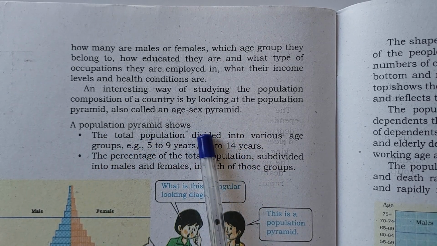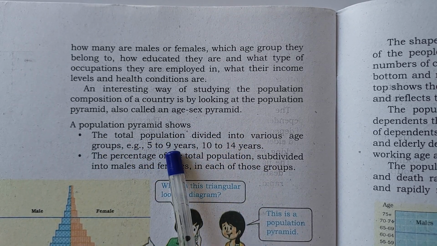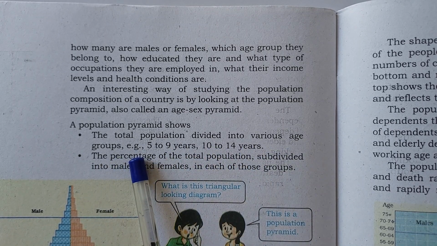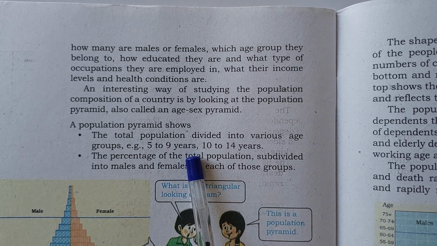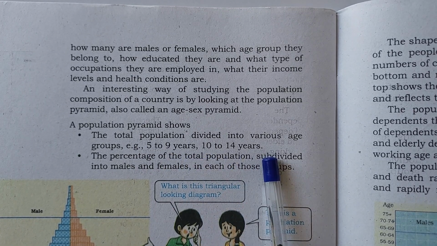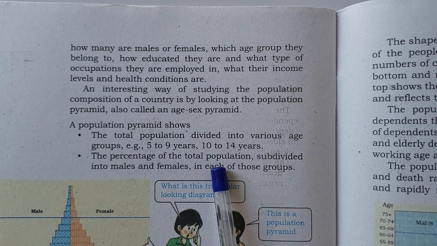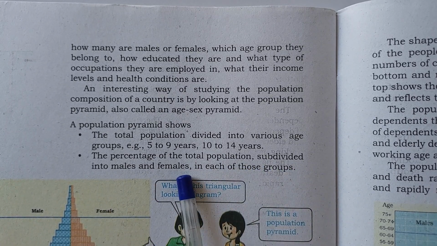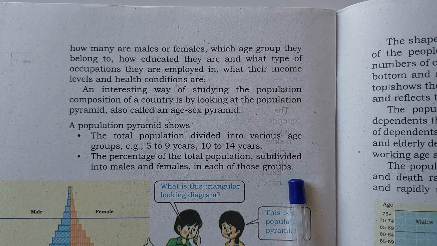A population pyramid shows the total population divided into various age groups, for example 5 to 9 years, 10 to 14 years, and the percentage of the total population subdivided into males and females in each of those groups.